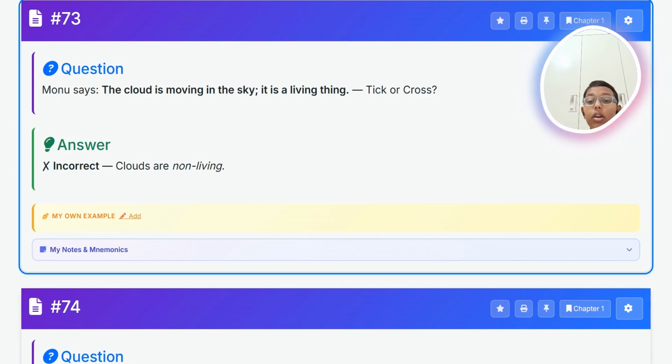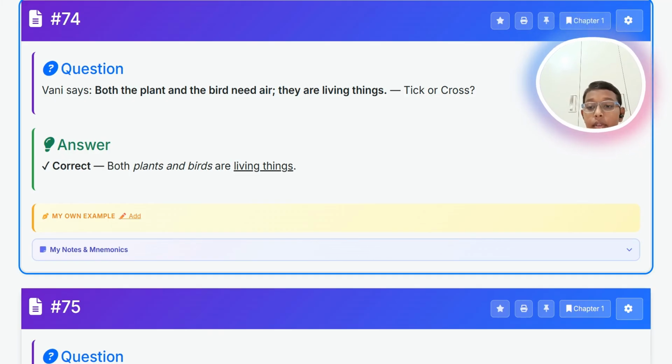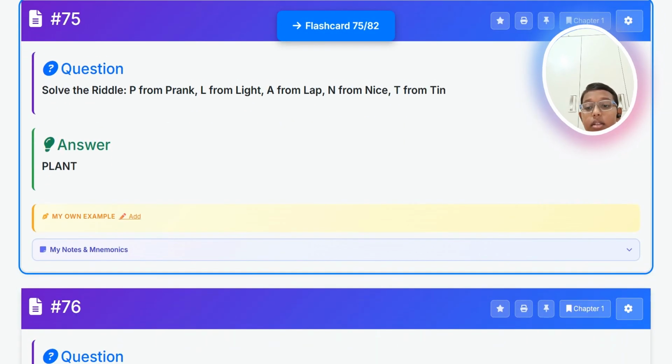Cross. Incorrect. Clouds are non-living. Vani says both plants and the birds need air. They are living things. Tick or cross. Tick. Correct. Both plants and birds are living things.